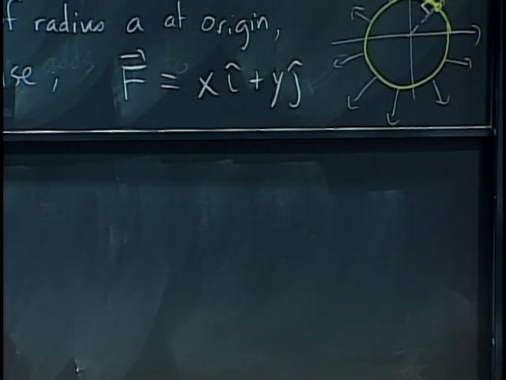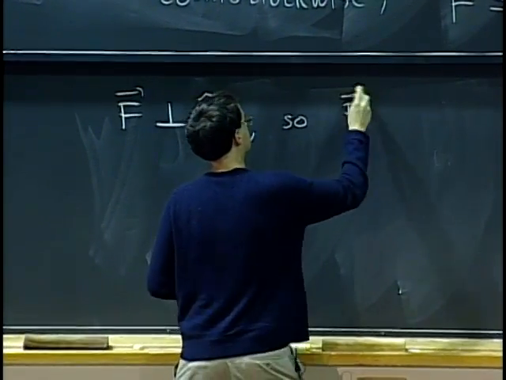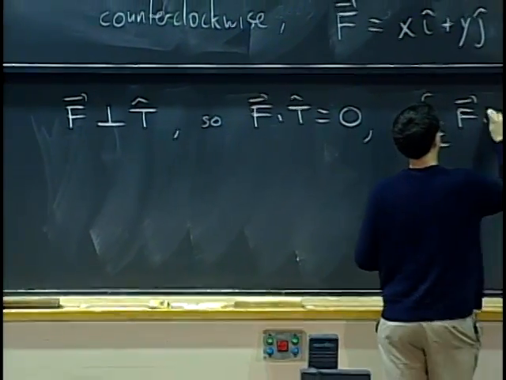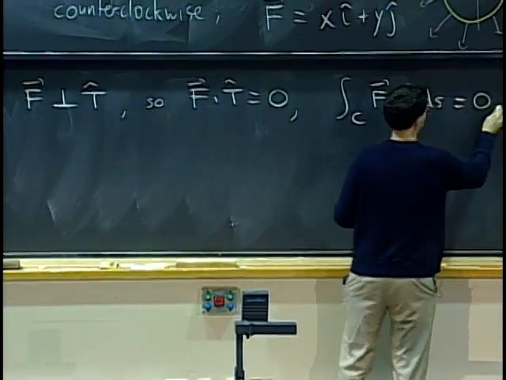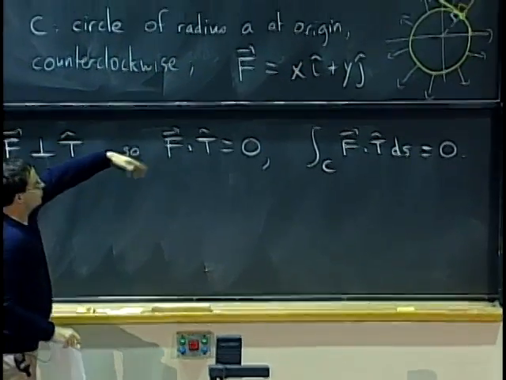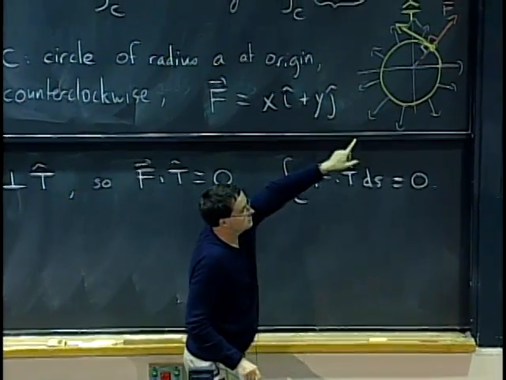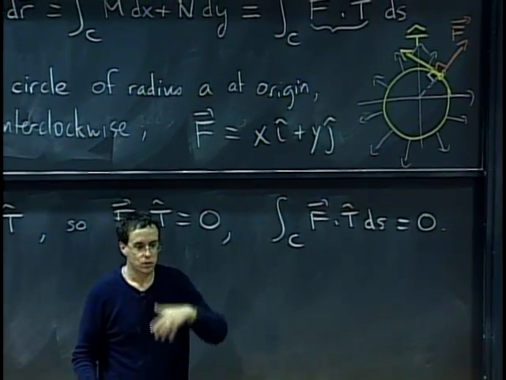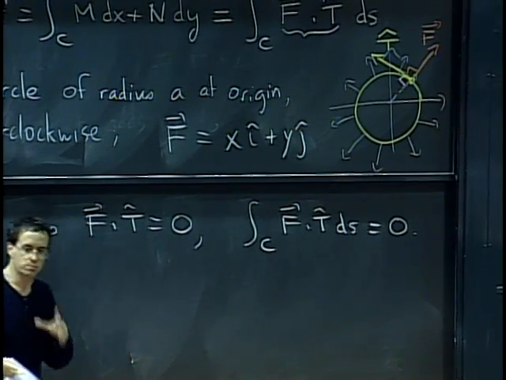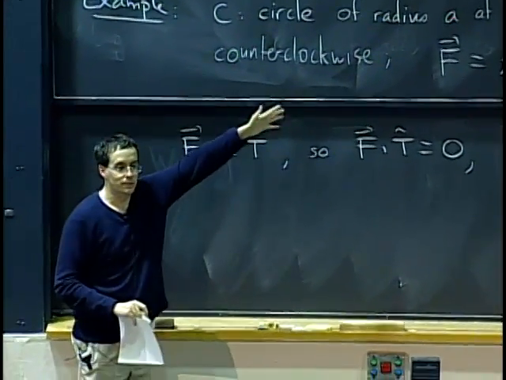So f is perpendicular to t, so f dot t is 0, and the line integral of f dot t ds is just 0. See, that's much easier than writing the integral of x dx plus y dy. What do we do? Well, we set x equals a cosine theta, y equals a sine theta. We get a bunch of trig things. Oh, it cancels out to 0. It's not much harder, but we saved time by not even thinking about how to parameterize things.